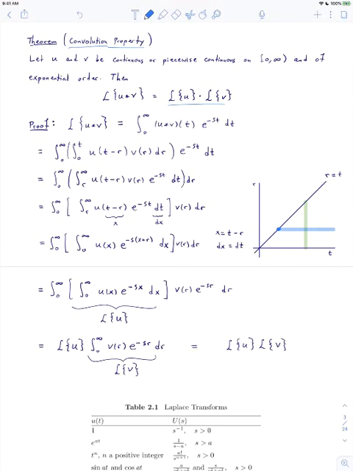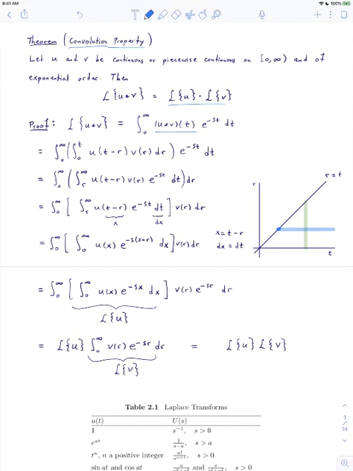So the proof. The first thing to do is write out the Laplace transform of u convolved with v, which we've done here. The Laplace transform of u convolved with v is the integral from 0 to infinity of the convolution at t times e to the negative st dt. Now the convolution itself is an integral operator, so this becomes a double integral.